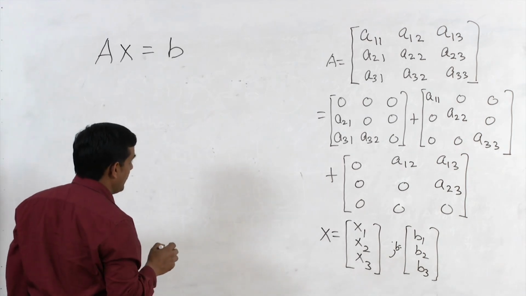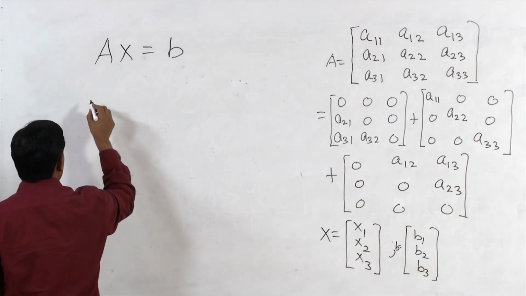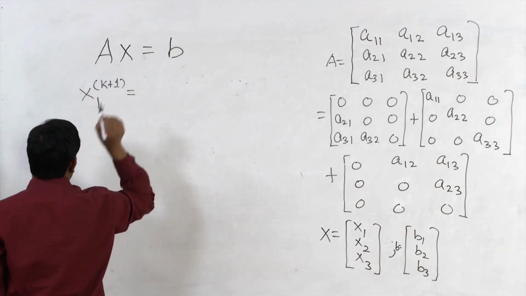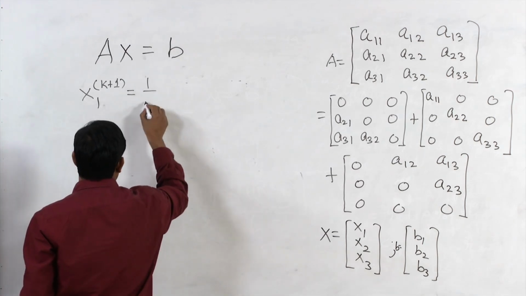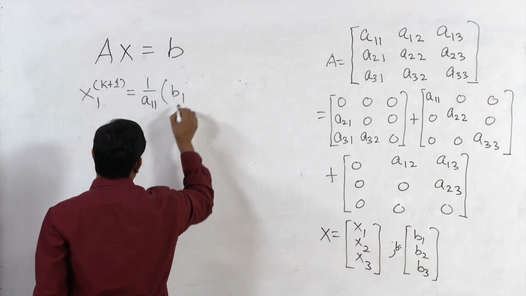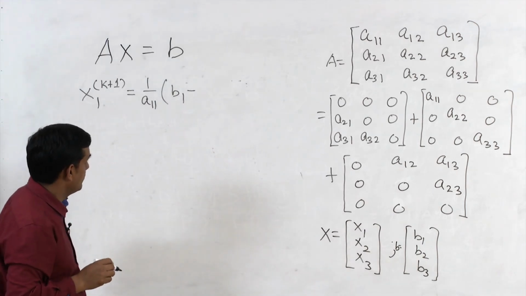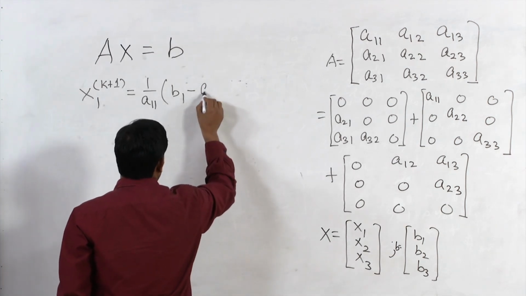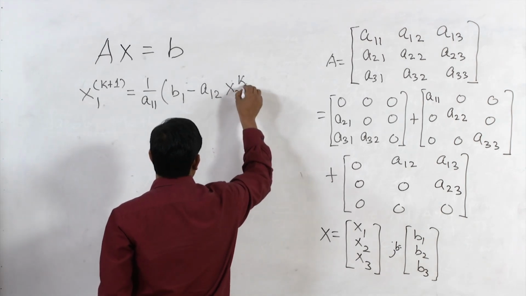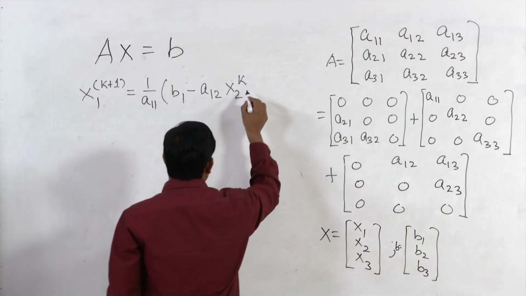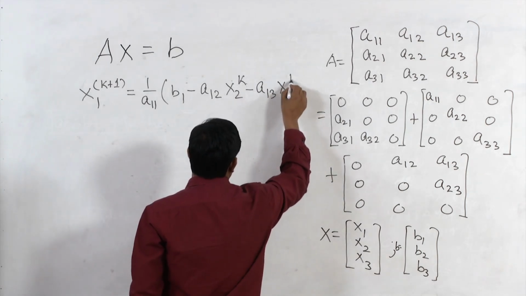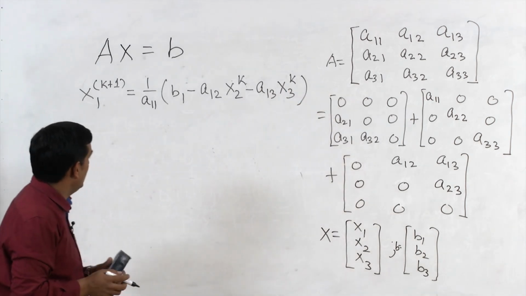The first equation can be written like x1^(k+1) equals 1 upon a11 into b1 minus a12 x2 at k iteration minus a13 x3 at k iteration.